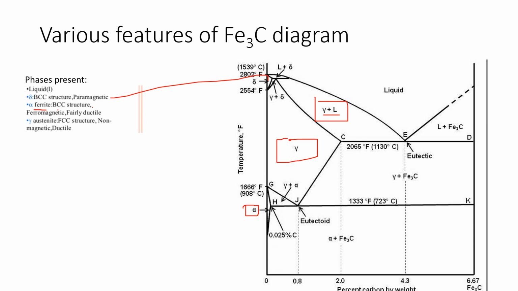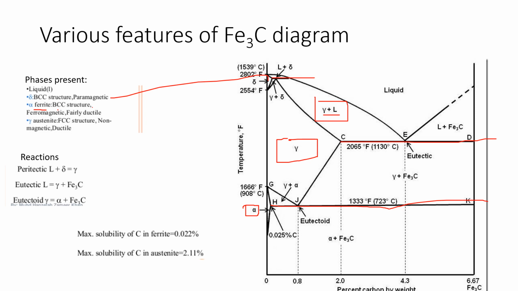Similarly, the pure solid solution is the gamma plus alpha region, and there are three horizontal lines. One is this small line, the other is the line C to E and E to D. The third line is between the lines H and K. These represent the isothermal reactions.